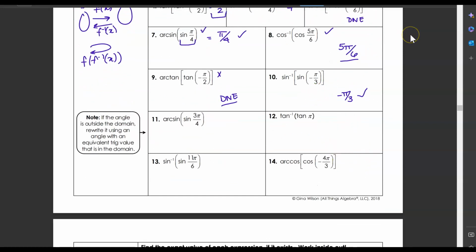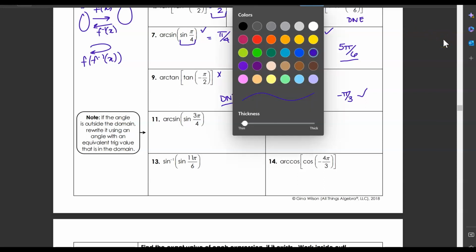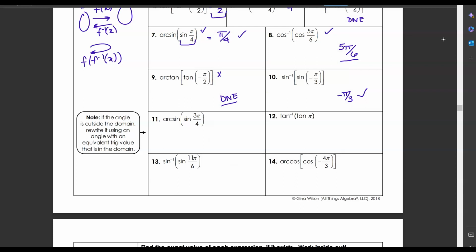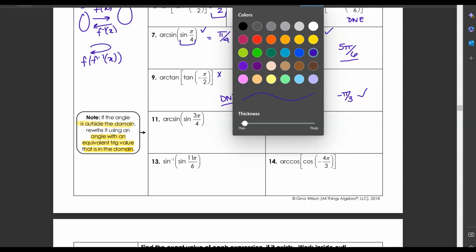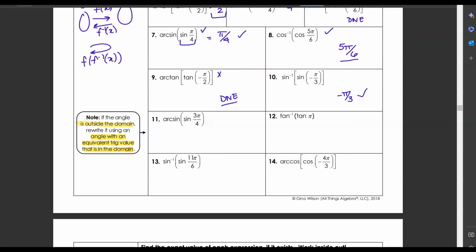For this one, we are going to take a look at our unit circle for some assistance. If we look at the note here, if the angle is outside of the domain, we write using an angle within the domain with the equivalent trig value. So here, I have sine of 3pi/4.